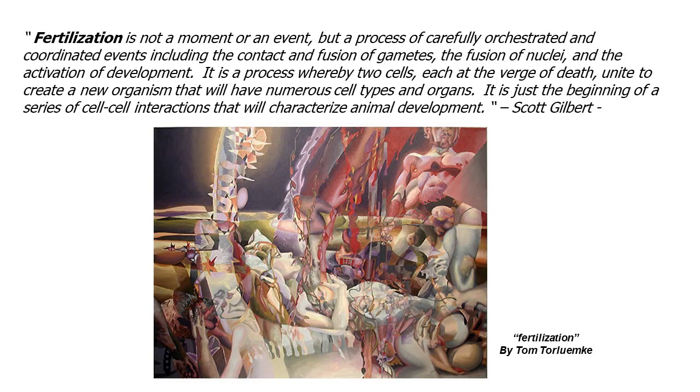We're going to see that once ovulated, the oocyte has about 24 hours and it's going to die. Sperm don't live more than 72, most of the time 48. But they're on the verge of death and they unite to create a new organism that will have numerous cell types and organs. It's just the beginning of a series of cell interactions that characterize animal development.